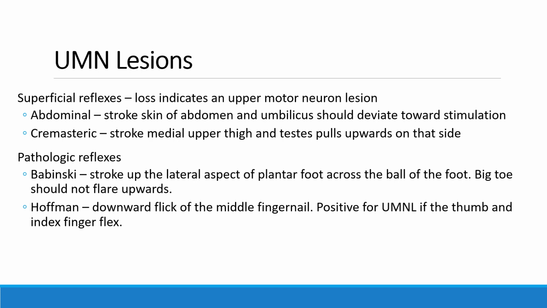Hoffman's are going to be a rare presentation. A lower extremity upper motor neuron lesion is going to be more evidence than a Hoffman's. So it's a downward flick of the middle fingernail. You just flick the nail, and if it's positive, the thumb and index finger will flare.